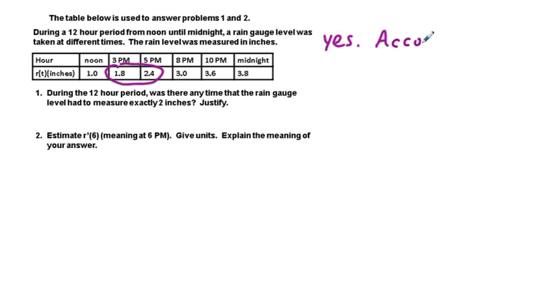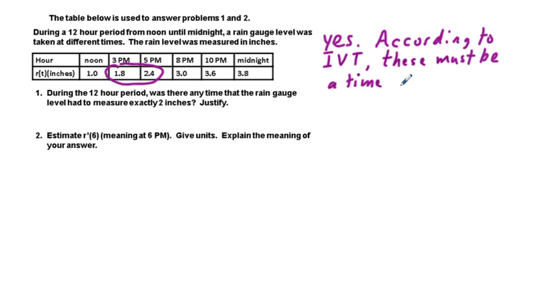So according to IVT, there must be a time when, and now you can look at the function R of t. So I'm going to label this, since it's labeled R here, R of t equals 2 inches.